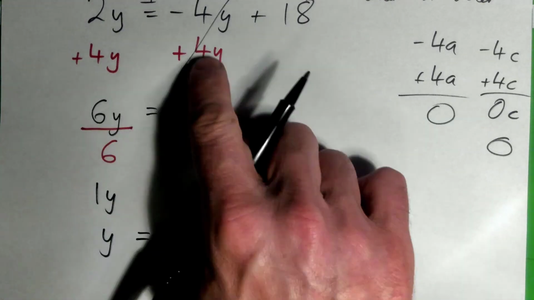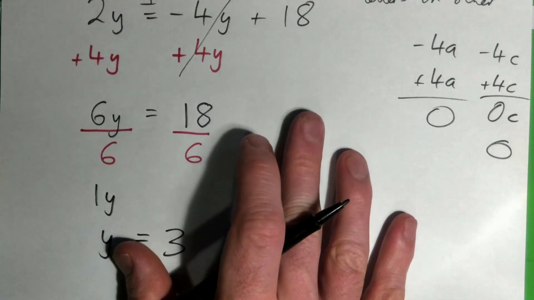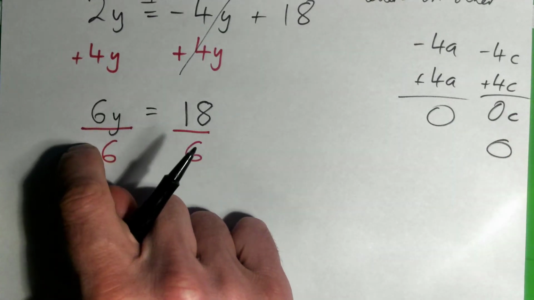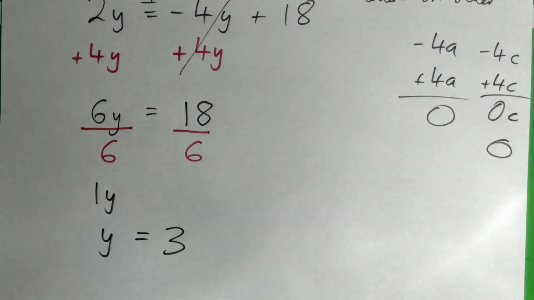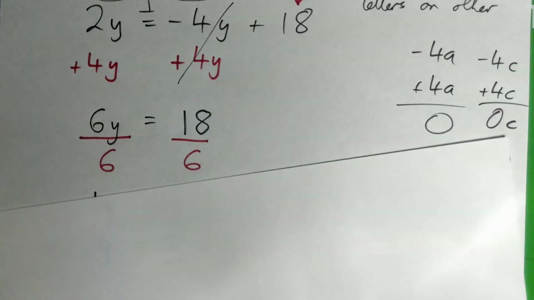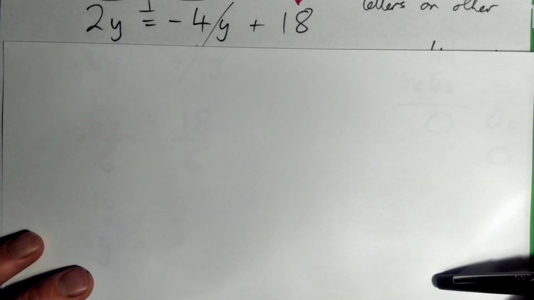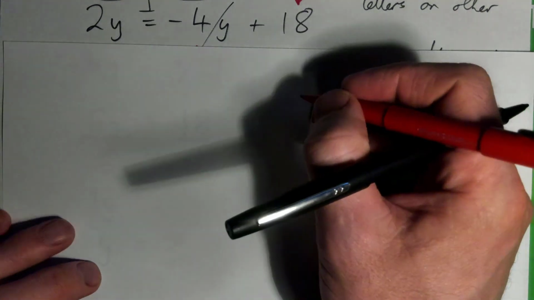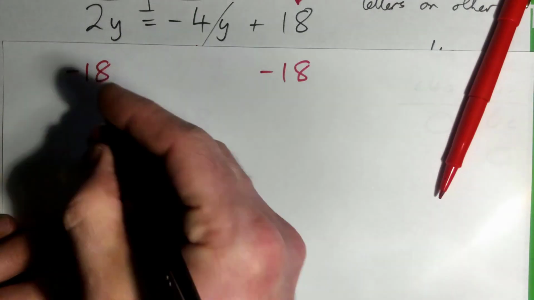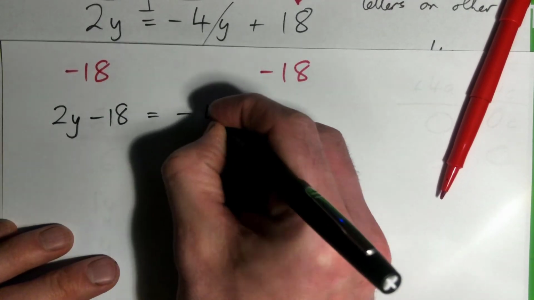The neatest way is to just get rid of that stupid negative 4y, and now we've got 18 all on its own, because we got numbers on one side, letters on the other. This first way we did it was more efficient. Yeah, it was neater. But there's lots of ways of doing it. You could subtract 18 from both sides if you want to, but just don't make a mistake, because these are not like terms. 2y minus 18 equals negative 4y.